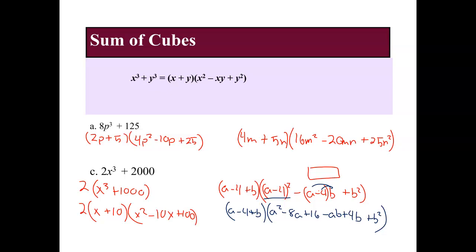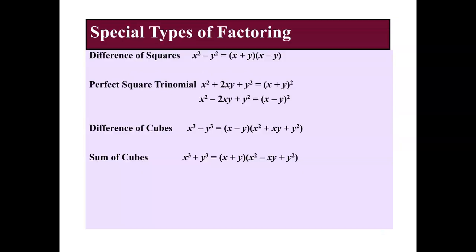So sum of cubes, difference of cubes, perfect square trinomials, and difference of squares. Those are our special case factoring. So you've got this nice little handy list here. Essentially, you need to be able to know how to use these.